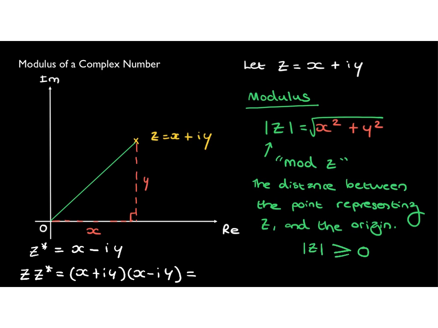If you work this through yourself, you get an answer of x squared plus y squared, which of course is the square of the modulus, going back to this point here. So that tells us quite an interesting result, which is that z multiplied by z star is equal to the modulus of z all squared.